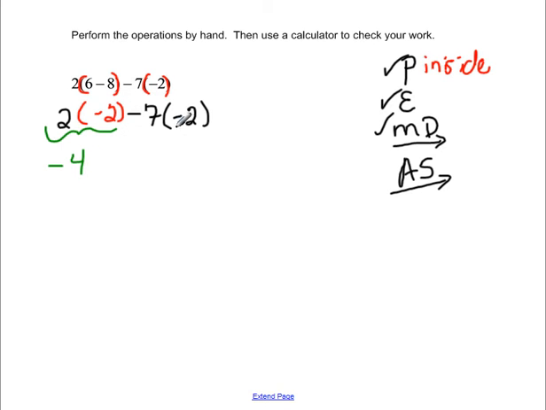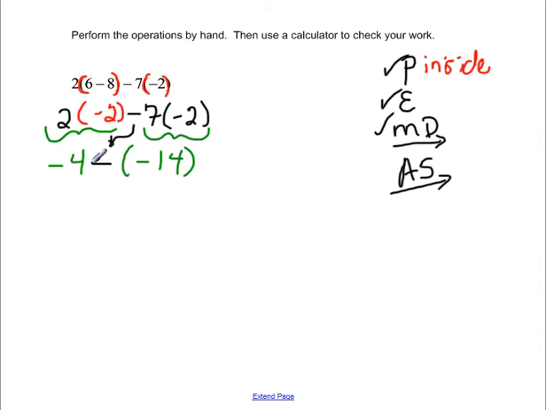Okay? And we're going to talk about two different ways to deal with this second part here. The first way is to go ahead, bring down that subtraction sign, and then to multiply 7 times negative 2. 7 times negative 2 is negative 14. And I'm going to put the parentheses there because I already have this subtraction sign, and I don't want to have two of these symbols next to each other without the parenthesis to kind of separate them out.